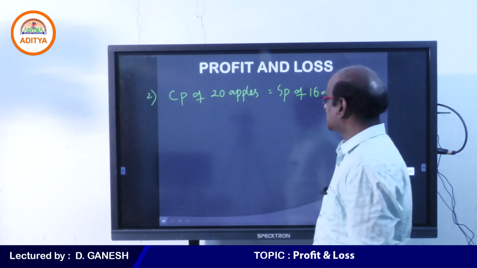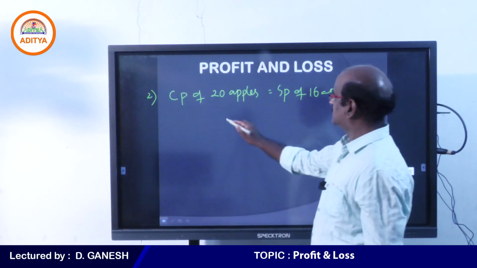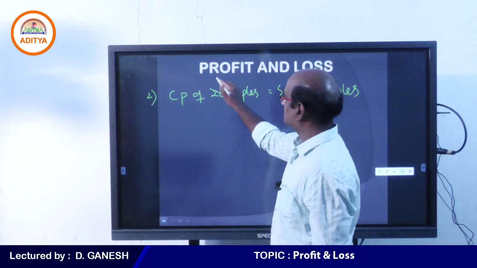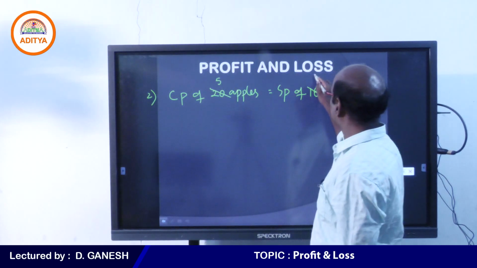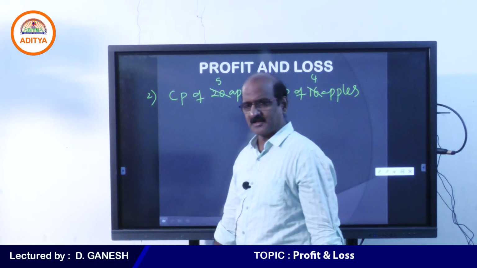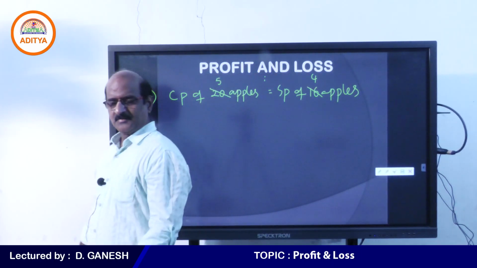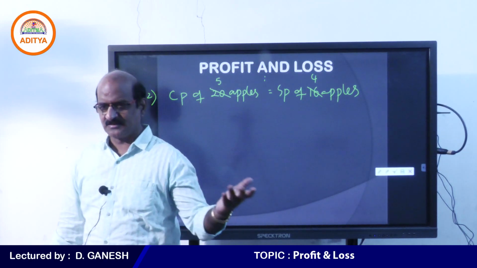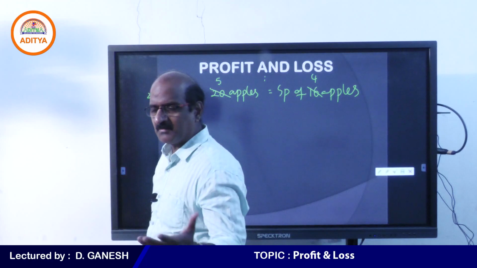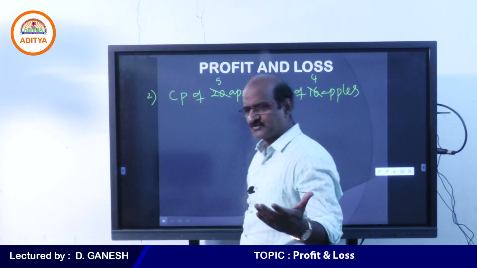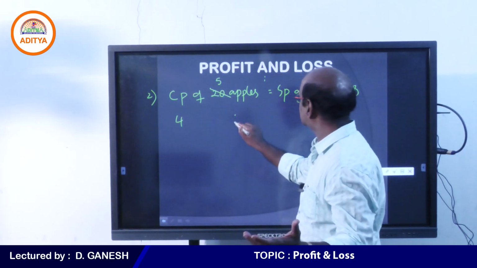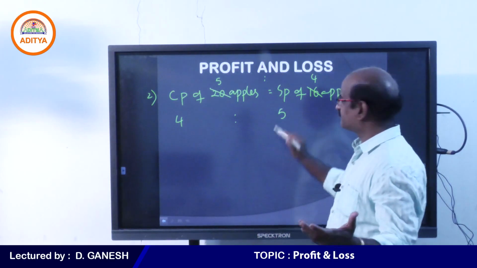Okay, very well done. Student, now tell me, this is 20 apples and these are 16. Number of apples are in the ratio 5:4, because for 20 and 16 we can cancel 4 in both. So when number of apples are in the ratio 5:4, prices will be in the ratio 4:5.